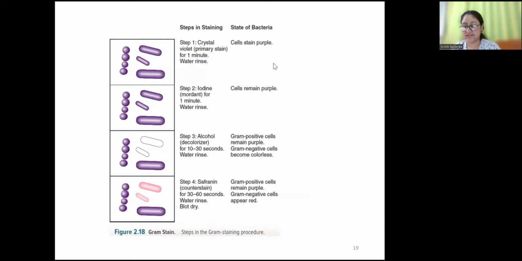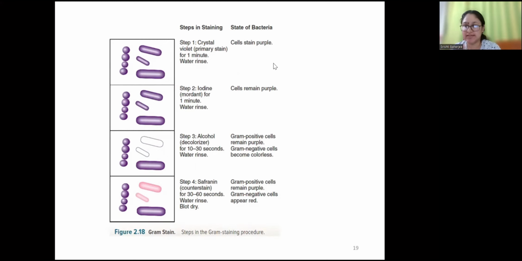So now let's look into the steps of staining. First, we stain the cells with crystal violet, which will color all the cells, irrespective of whether it is a gram positive or a gram negative cell, in a purplish violet color.